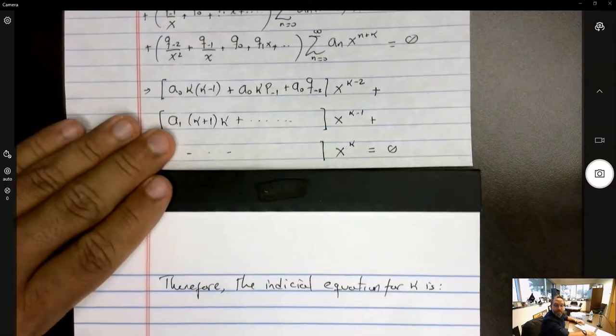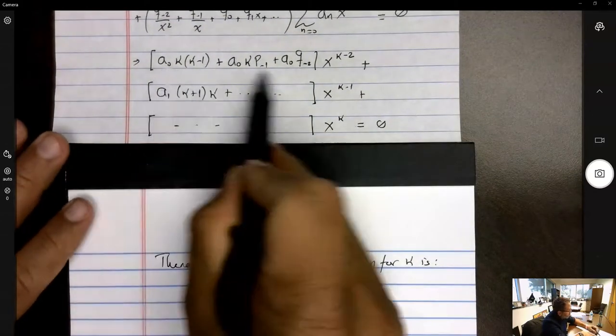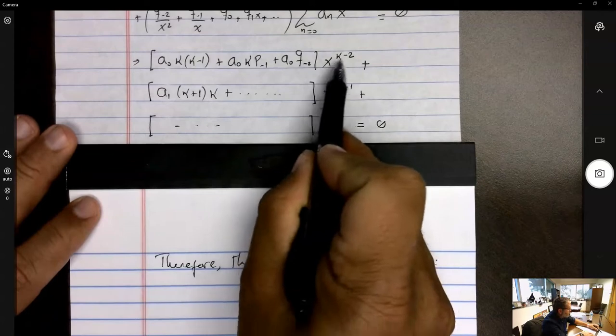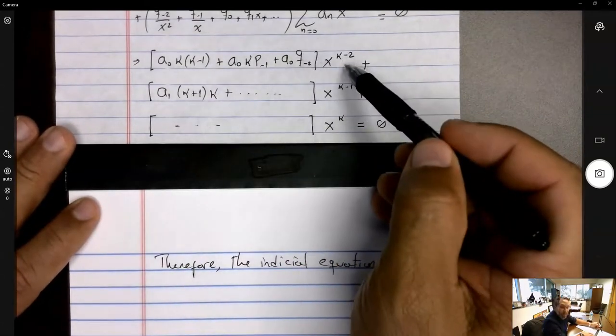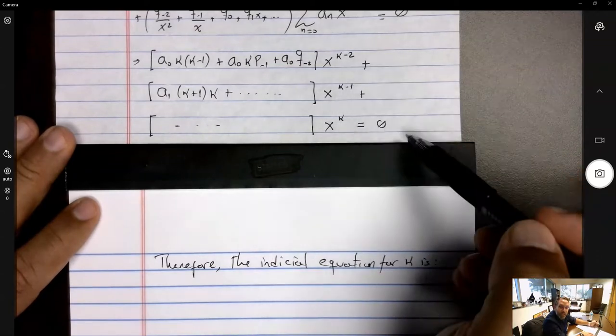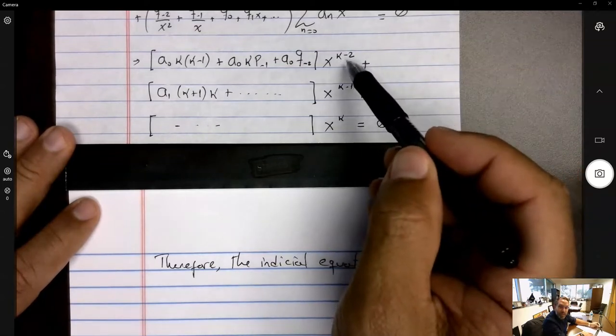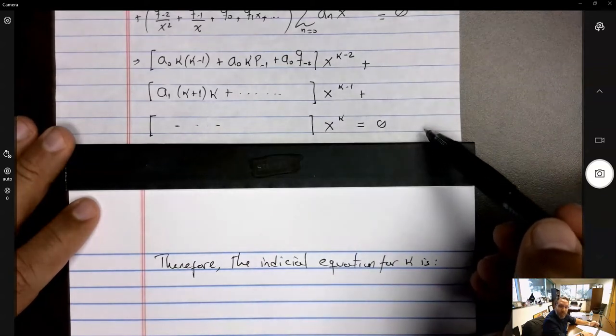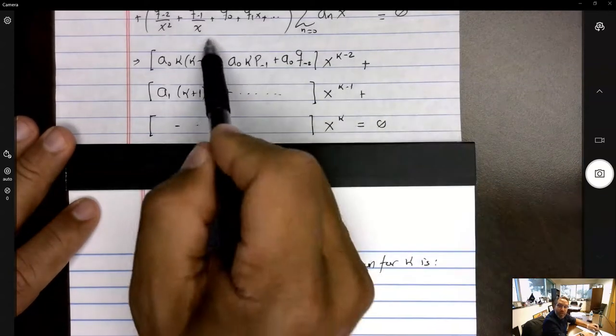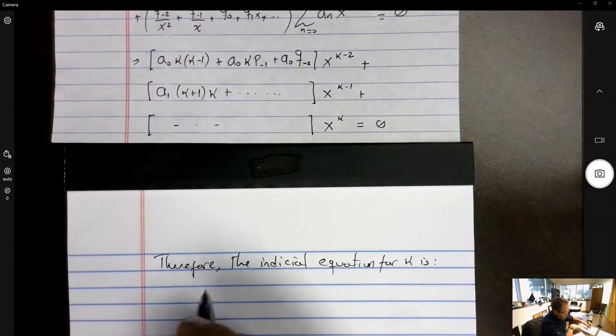I can take these, either this is equal to 0 or this is equal to 0, but since this cannot be equal to 0, I'm going to compare orders between the left and the right. So anything that multiplies x to the k minus 2 on the left has to be equal to anything that multiplies x to the k minus 2 on the right. Therefore this coefficient has to be equal to 0.